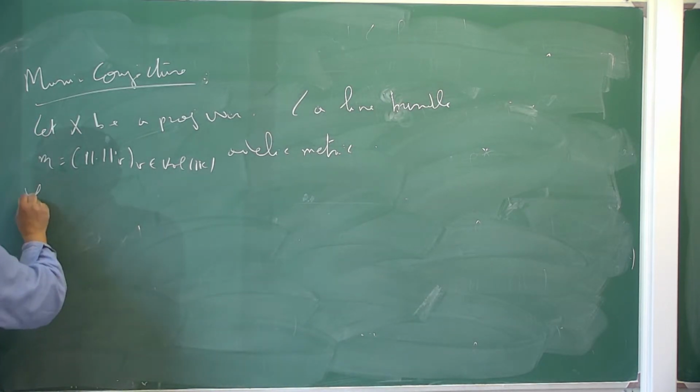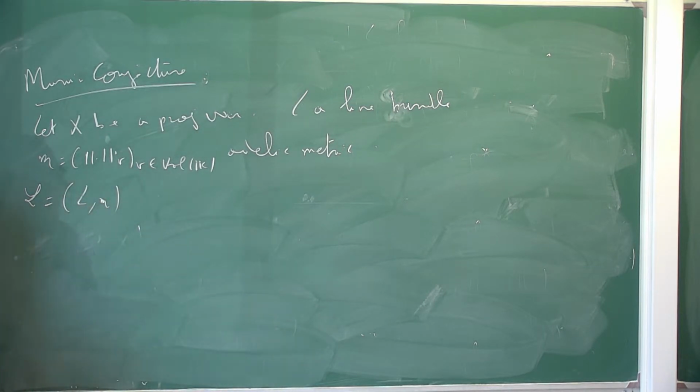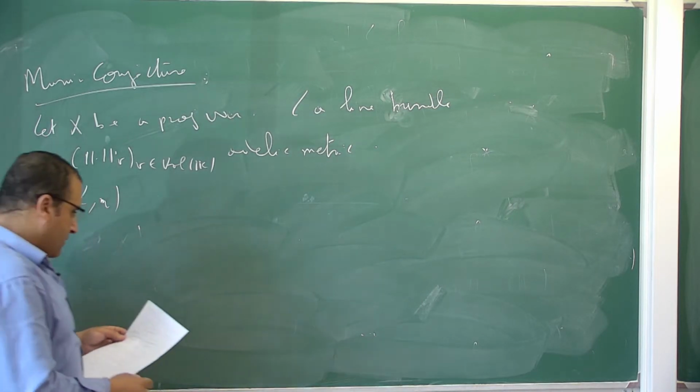We denote by L_M this line bundle with the choice of metric, a metrized line bundle.